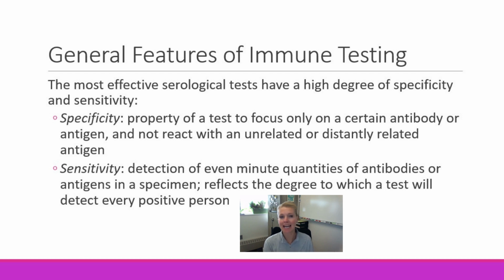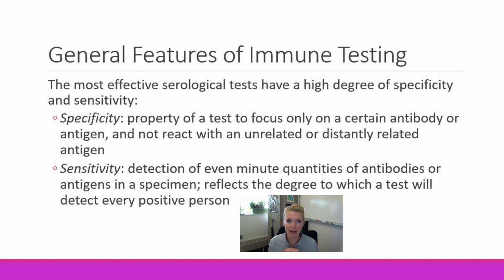So a test that has high sensitivity is able to find or identify or indicate positivity even when there's a very, very small amount of antigen or antibody present. So then the goal of any immunologic test is to have high specificity and high sensitivity.